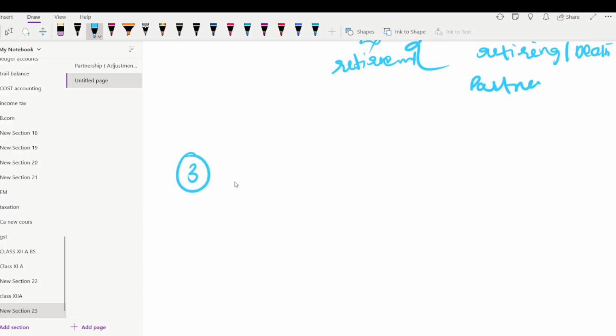In step number 3, already in step number 2 you got total capital of the firm, then you have to distribute it in the new ratio.